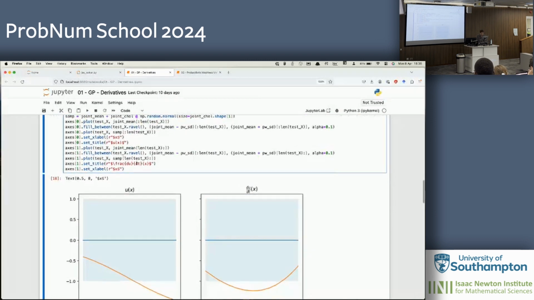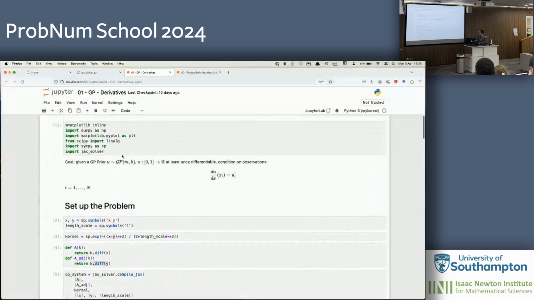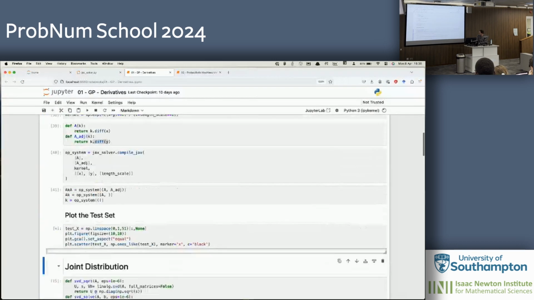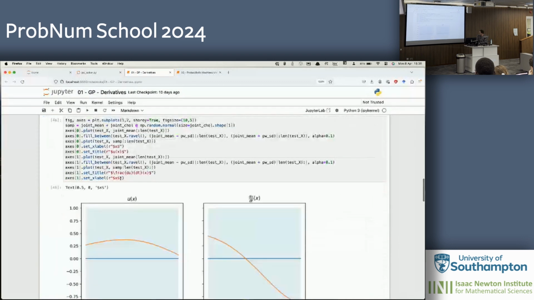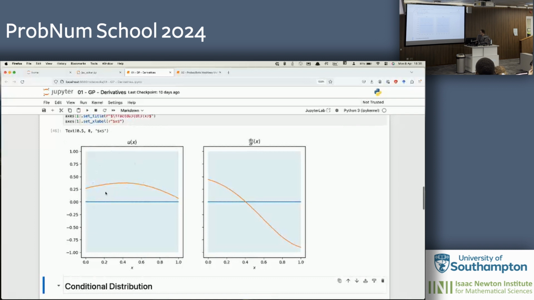If I run this, then it breaks. This is because, again, I'm such a bad coder. If I run the notebook starting from the beginning in order, we can see the blue lines are the joint distribution of the mean, so the mean of U and AU. They're both just centered at 0.